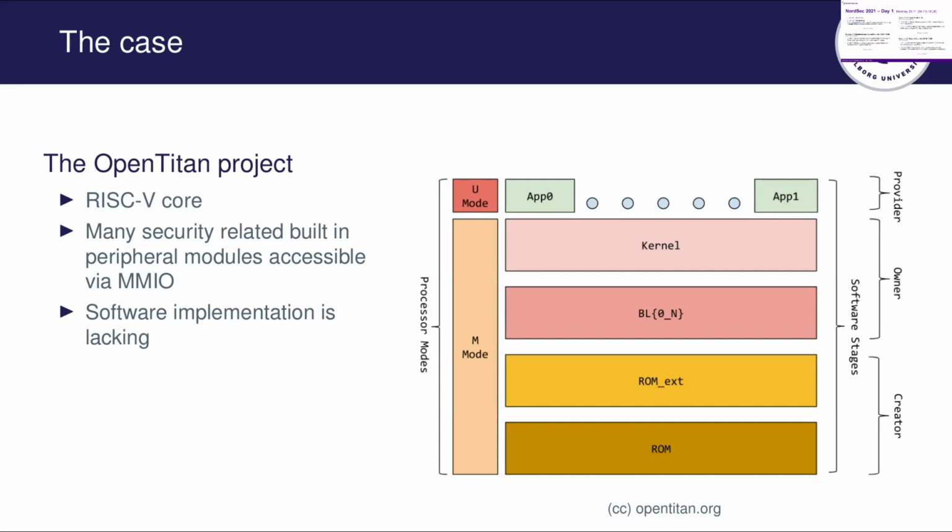So you will probably have a manufacturer write a ROM that can then load a boot stage that is securely authenticated, and the higher bootloader layers will be created by, for example, an OEM, which will handle securities in order to run applications on a user space layer. But for our case, this is basically the overview of the OpenTitan platform as it will pertain to the project.